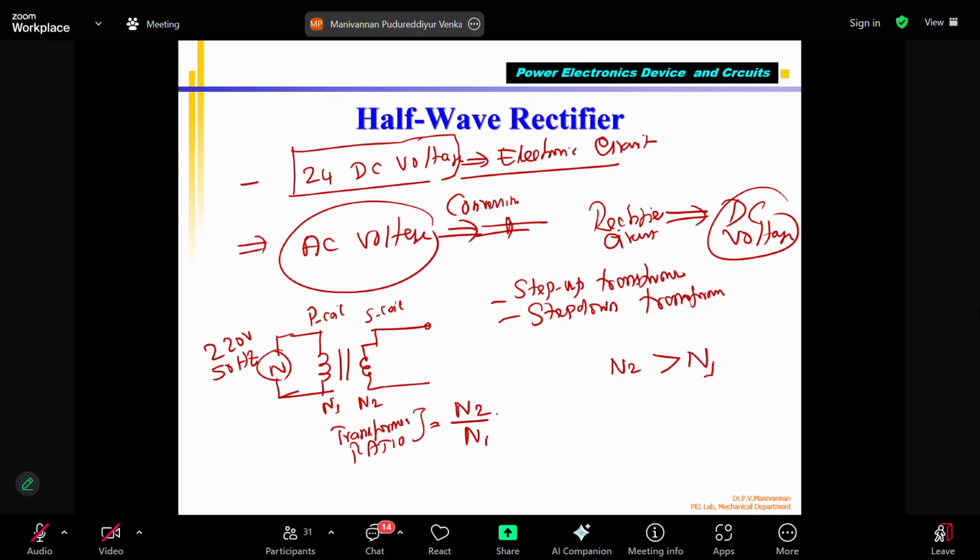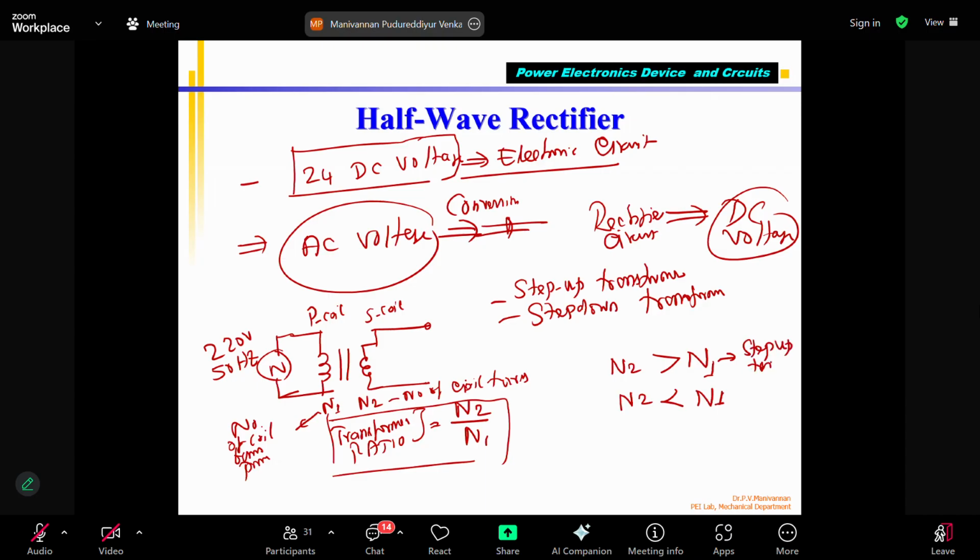N2 is the number of coil turns of the secondary, N1 is the number of coil turns of the primary. Correct? So the transformer ratio is generally defined as the number of turns of secondary divided by the number of turns of primary. If it is a step-down transformer, N2 will be smaller than N1. So this is called a step-up transformer, and this is called a step-down transformer.